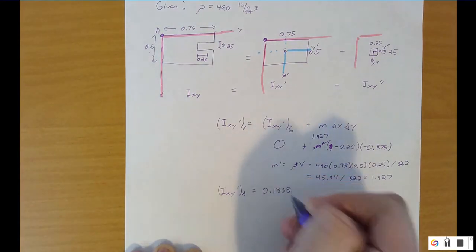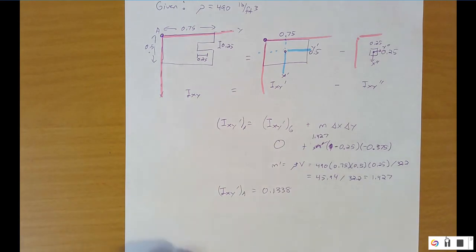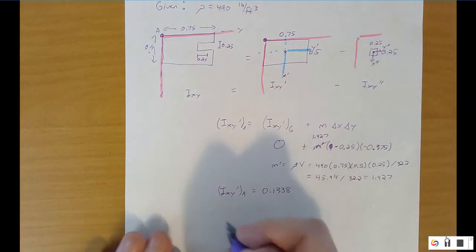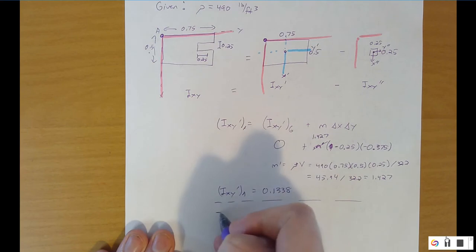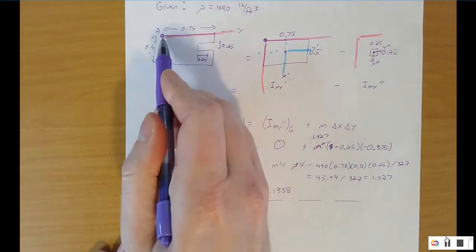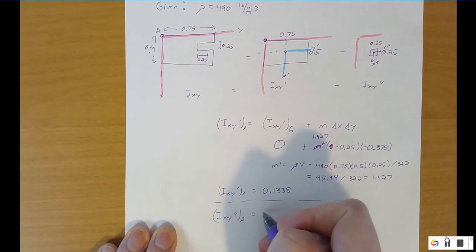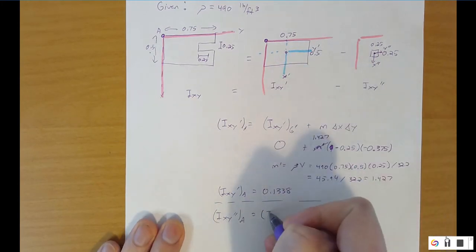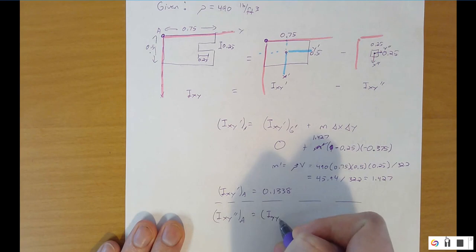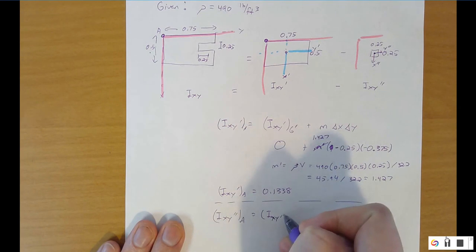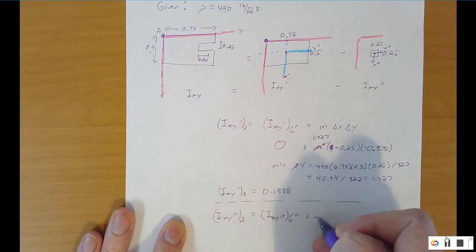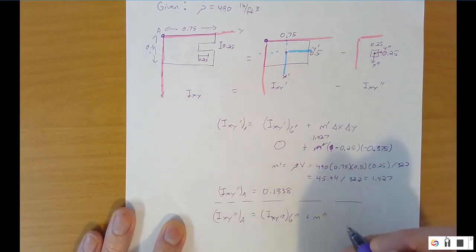And then we repeat the process for Ix double prime, Ixy double prime, about that same base point A up here. So we're going to find it about Ixy double prime about its center of gravity plus its mass, delta x, delta y.